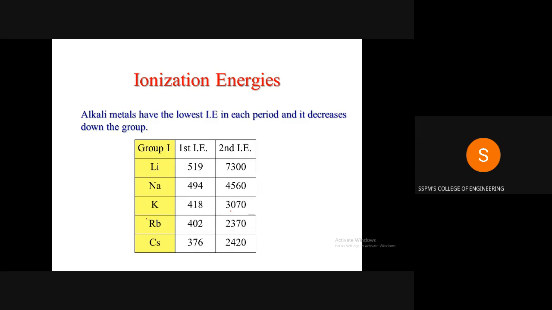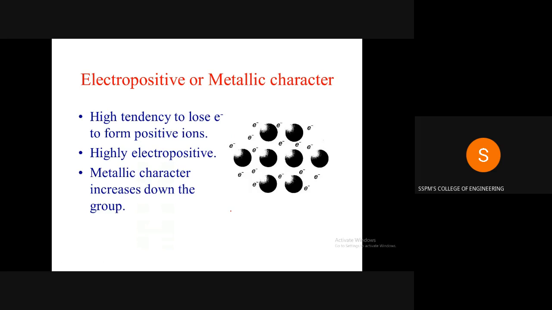When you go down the group, first ionization energy will decrease. Then electropositive or metallic character: it has a high tendency to lose electrons. Hence they are electropositive. They form positive ions, meaning sodium loses its electron and converts into Na plus, potassium loses its electron and converts into K plus.